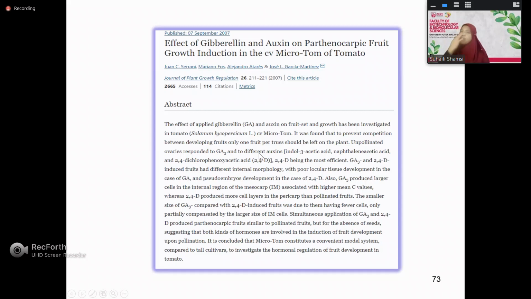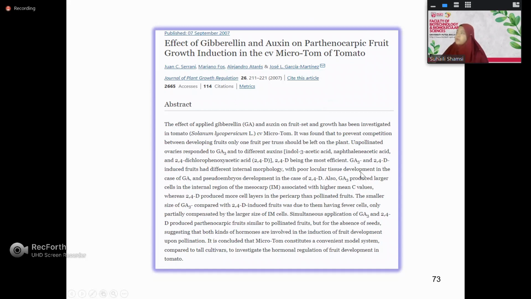So 2,4-D, like what I mentioned yesterday, the structure is more stable, so it basically persists more or is absorbed more by the plant itself. Okay. 2,4-D being the most efficient induced fruit had different internal morphology, with poor locular tissue development in the case of GA and pseudoembryo development in the case of 2,4-D.